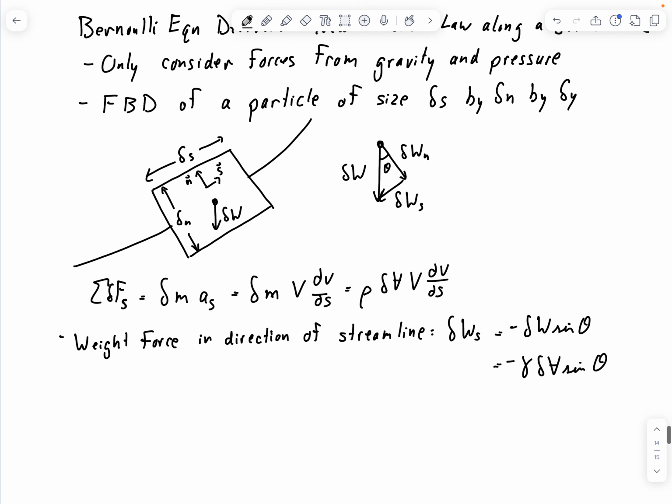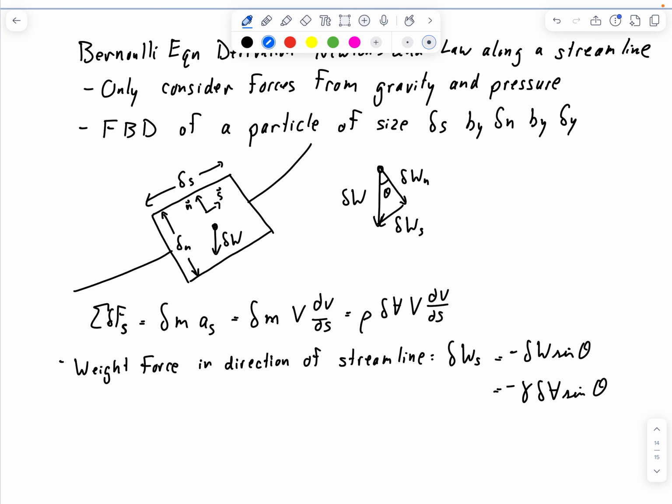Now the other force that we have to deal with here are the pressure forces. So for the pressure forces, we have a pressure force acting on each face, one in the direction of the flow and one against the direction of the flow. And for each of these, we're going to use a one-term Taylor series expansion to represent the pressure here. So here we'll have P plus some differential change, del P by del S times delta S over 2, and that's going to be multiplied by the area of that face, which is delta N times delta Y. So that's a pressure times the area to give us a force.